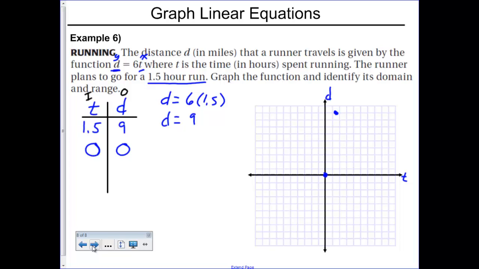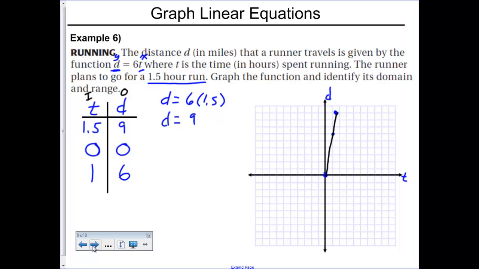And let's pick a value somewhere in between. Let's say 1. So if I substitute a 1 in place of t, 6 times 1 is 6. 1 hour and 6 miles. So over 1 and up 1, 2, 3, 4, 5, 6. So as you can see, we end up having a very steep line here.